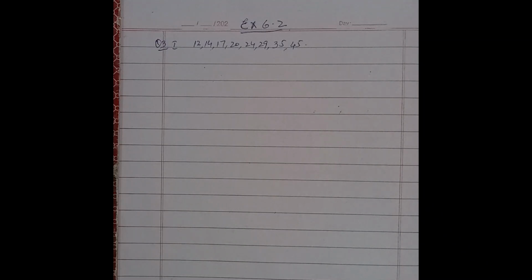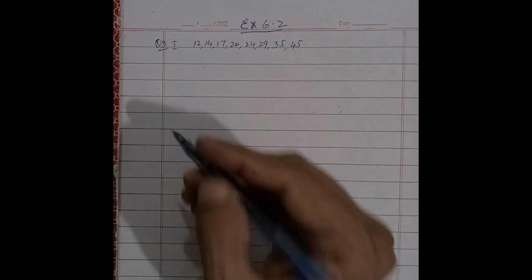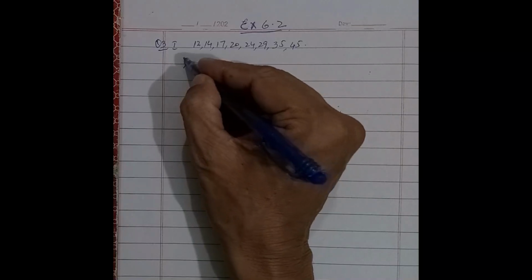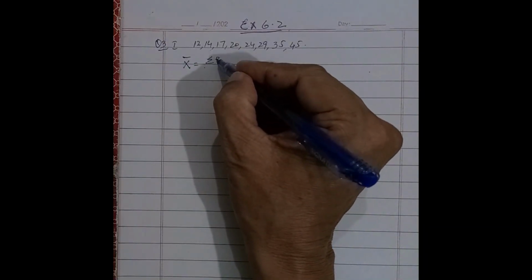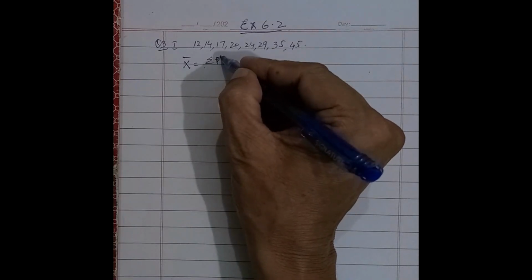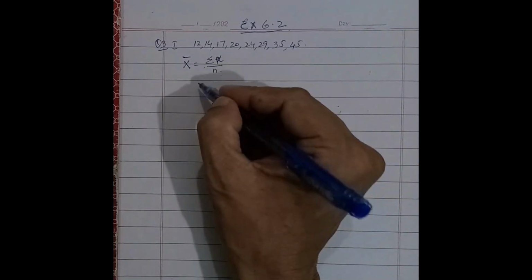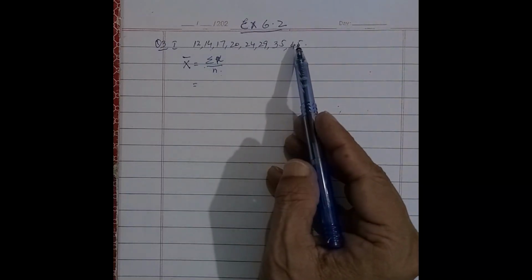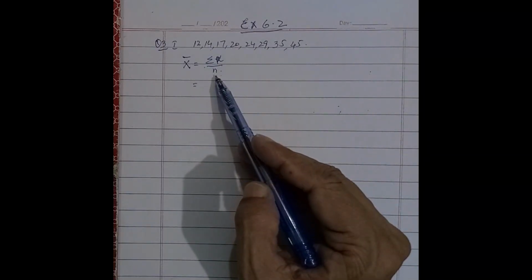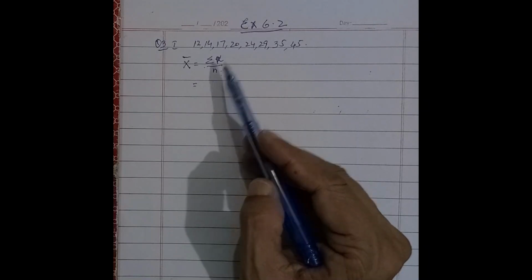When we represent the arithmetic mean, it is represented by x bar, which is equal to summation x over n, where summation x is the sum of the values of the data, divided by n, the number of values.